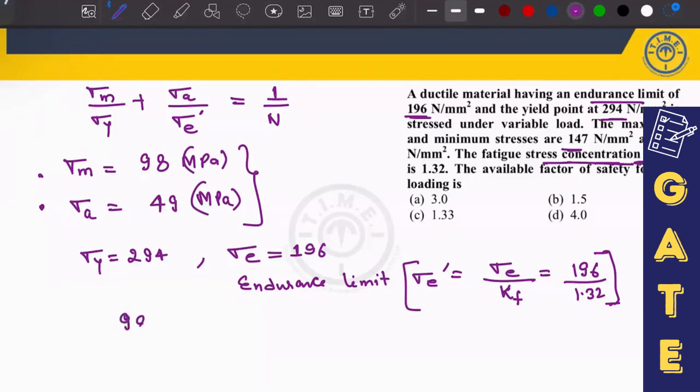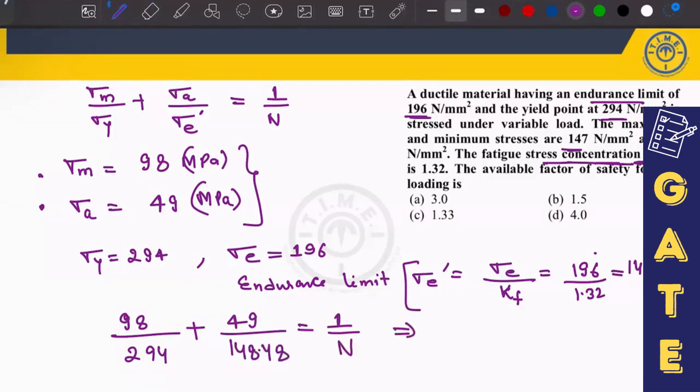So mean is 98 divided by yield value 294, plus 49 divided by what is this value? Corrected endurance limit value, 148.48. Very good. Now once you solve, you will get 1.508. Very nice. Many of you got the correct answer. Is this problem clear? Everyone?